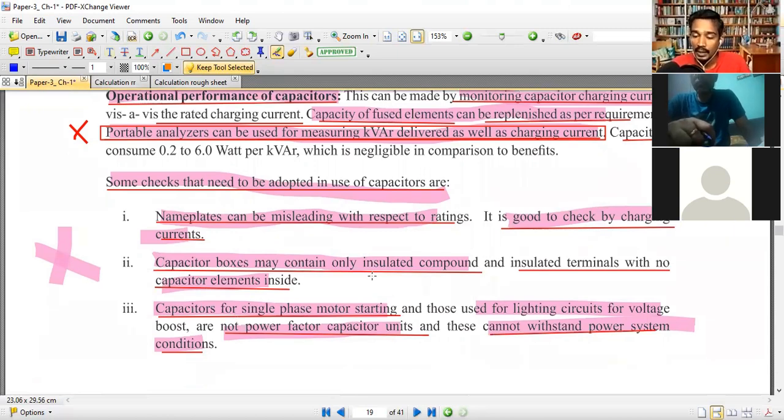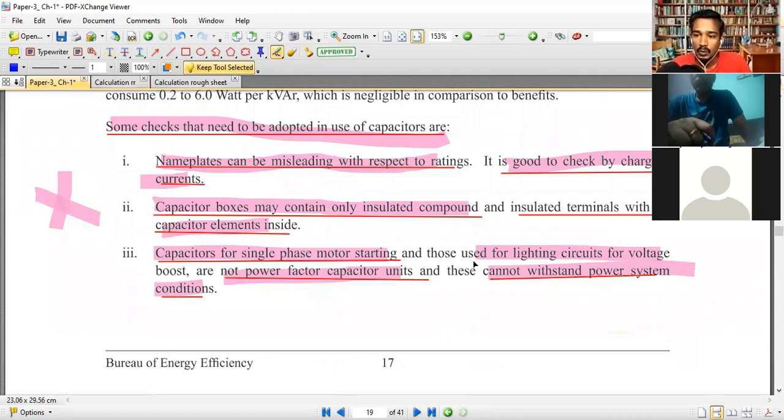The capacitor box and terminals should be inserted properly. Capacitors used for single phase motor starting, and those used for lighting circuit voltage boost, are not power factor capacitors and cannot withstand power system conditions. At the time of capacitor selection you have to consider whether it is for lighting purposes or motor purposes. For single phase motor starting, the capacitor boosts the voltage while the motor runs.